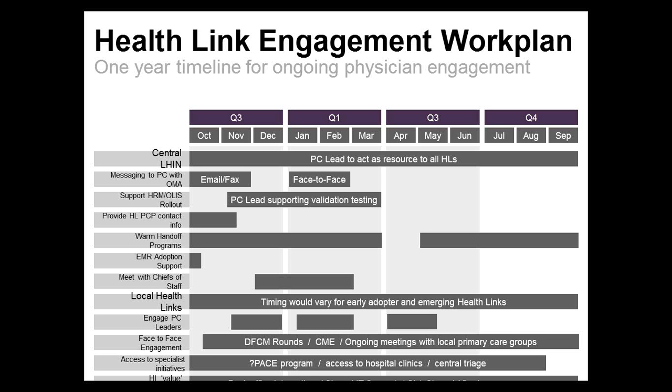We heard from the Minister this morning that 75% of family doctors do have an EMR now, and it's really about how we get the information into their EMR so that they can collaborate and communicate effectively. Start looking at warm handoff programs for our complex patients from our hospitals. Meet with chiefs of staff locally to get specialists on board.